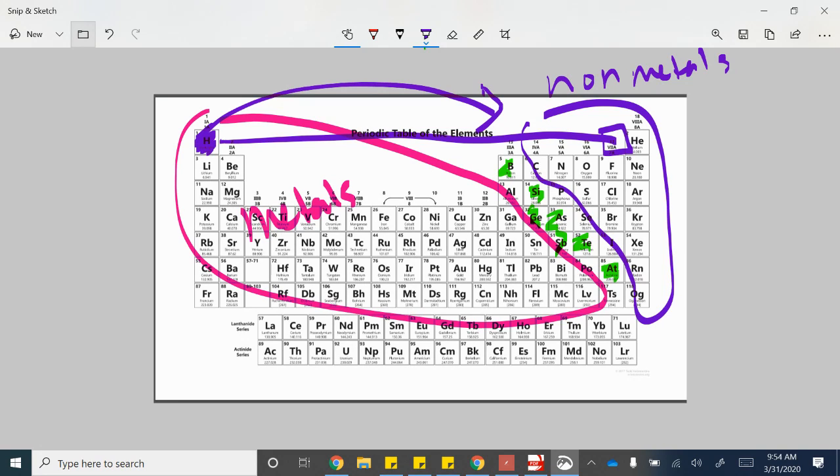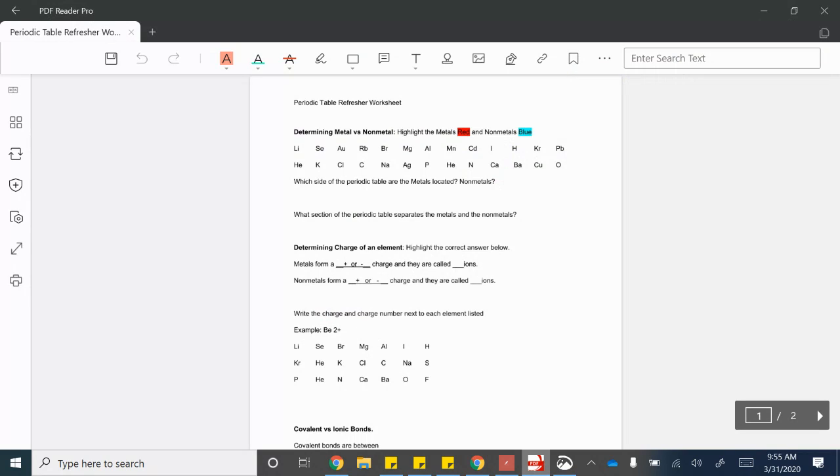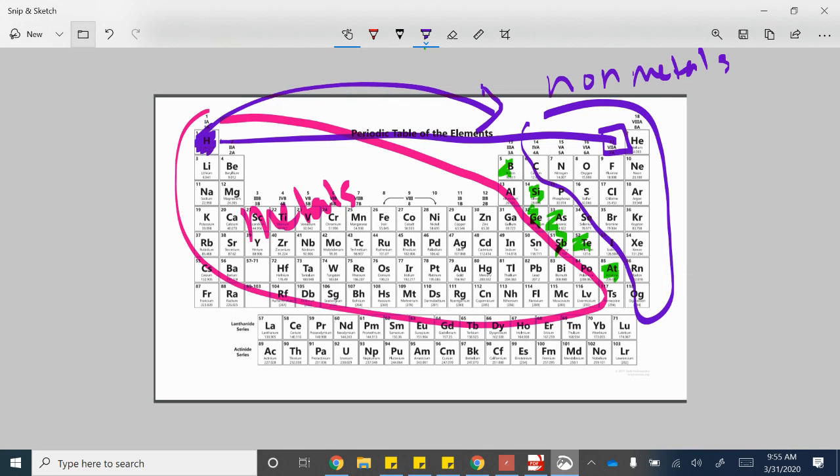Cool. So when we get to the worksheet, it's asking us to look at our metals versus our nonmetals. It says highlight the metals in red and the nonmetals in blue. So really all you have to do is go back to the periodic table, and we have lithium as our first one that we're looking at.